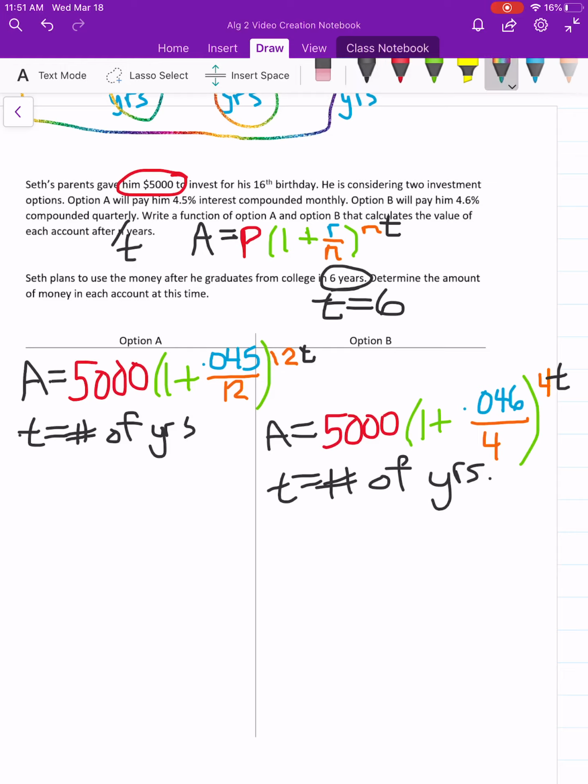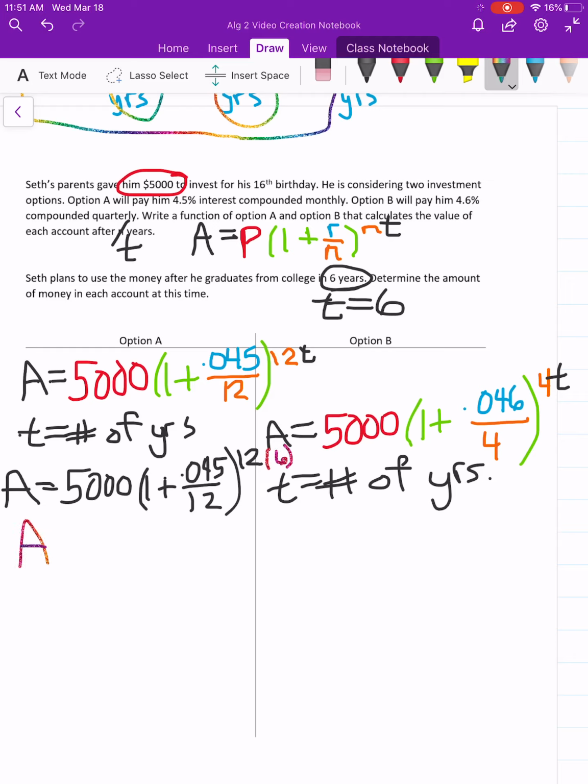So wherever we see a t in our equation, we're just going to substitute in a 6. So let's copy down our equation. A equals 5,000 times 1 plus 0.045 divided by 12 raised to 12 times 6.